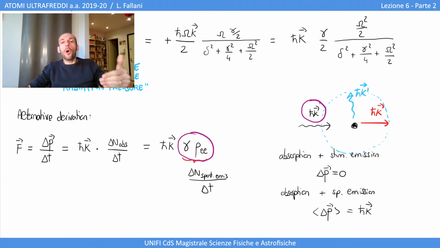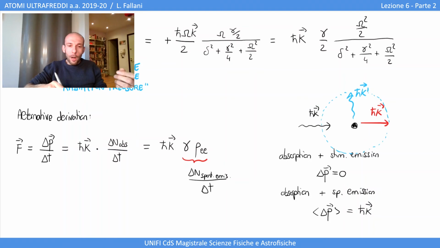The number of spontaneously emitted photons is indeed the number of photons that you have removed from the laser field. So this is why I should put this gamma rho EE term in this expression. And so now let's go back to our expression for the force. This is an alternative derivation of it.